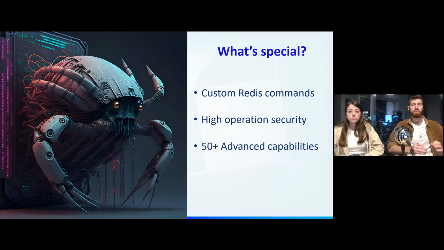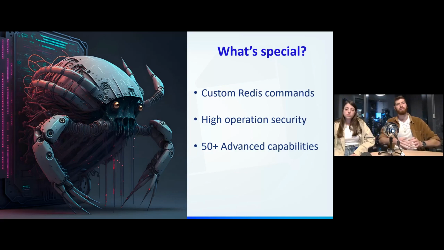Another thing which is special in HeadCrab is the high operational security in comparison to other threats in the landscape. HeadCrab really puts in an effort to try to stay hidden and be operative as long as it can, and that as well we're going to see in the next few slides. And HeadCrab has over 50 advanced capabilities, ranging all the way from downloading a file or running a command, all the way to loading a kernel module in a fileless manner.